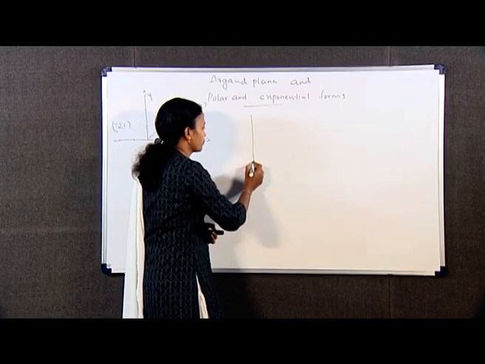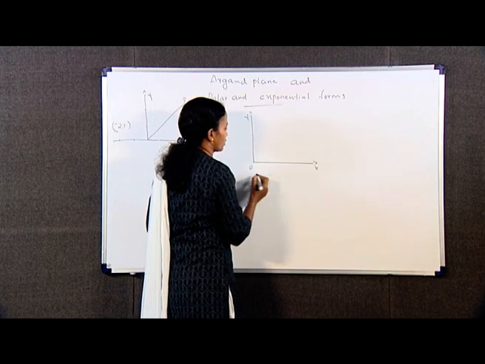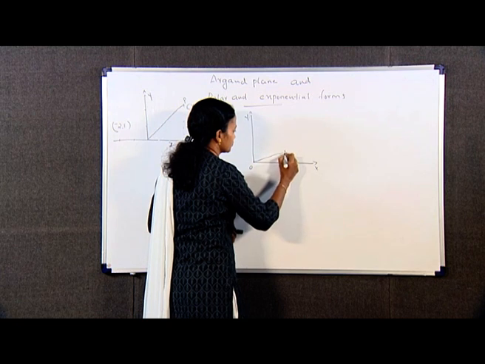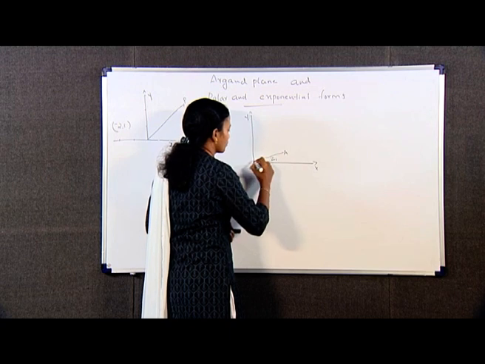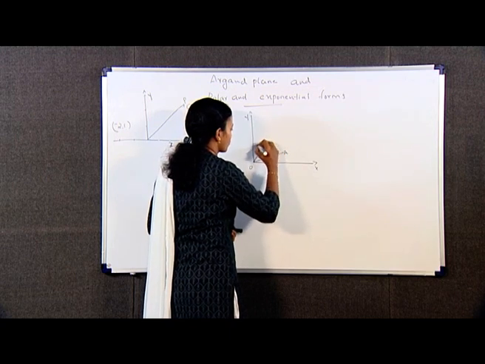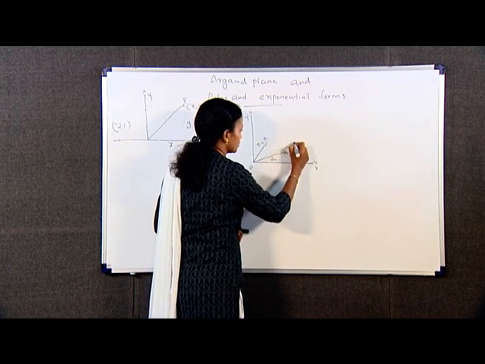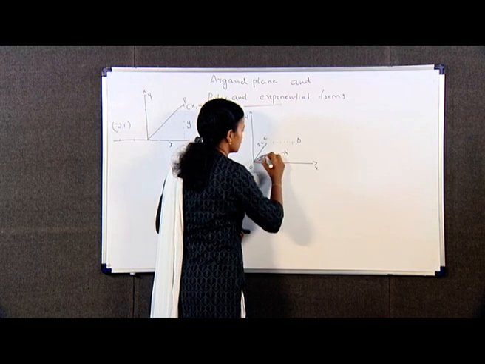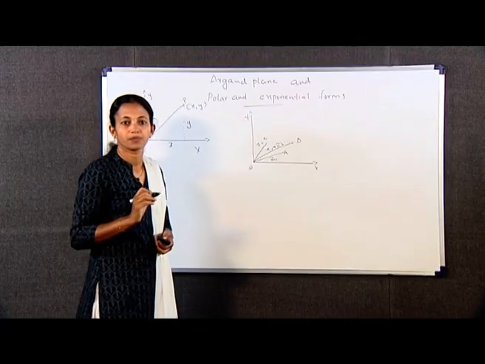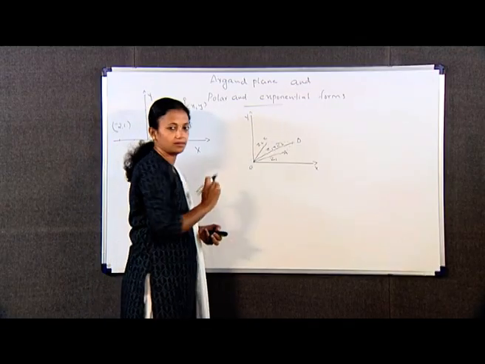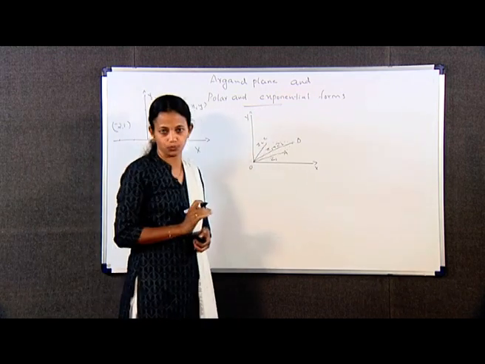That is, here we have A, the diagonal OB of this parallelogram corresponds to z1 plus z2.